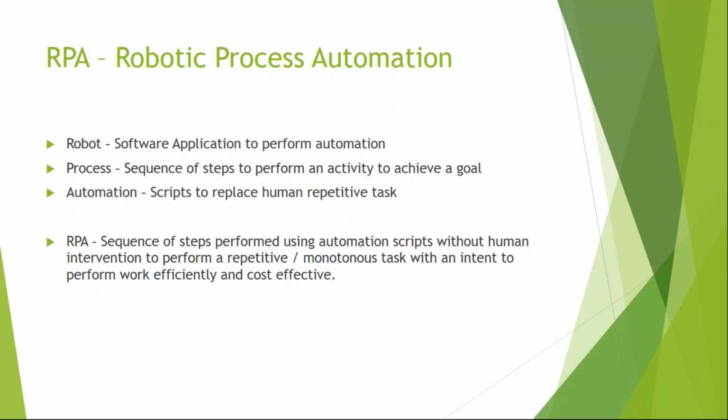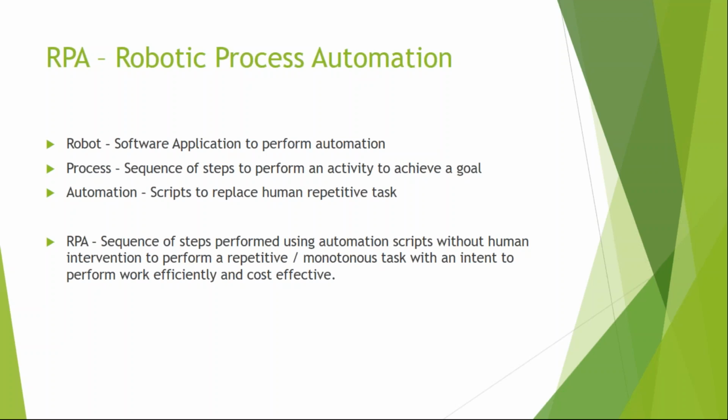These are just rule-based tasks where you are not applying any specific logic. You are doing data entry processes, ERP processes, invoicing processes. All these types of processes which are rule-based and repetitive in nature, we try to automate, and this is called robotic process automation.